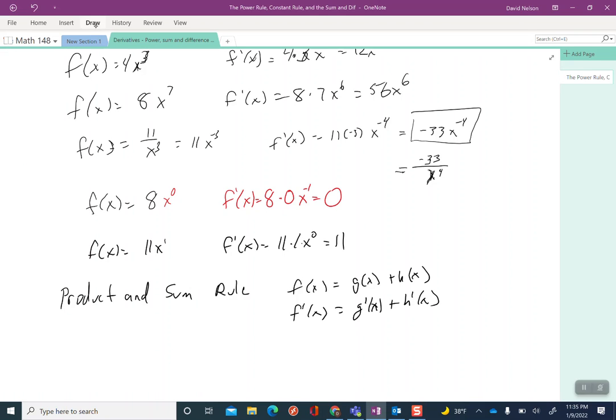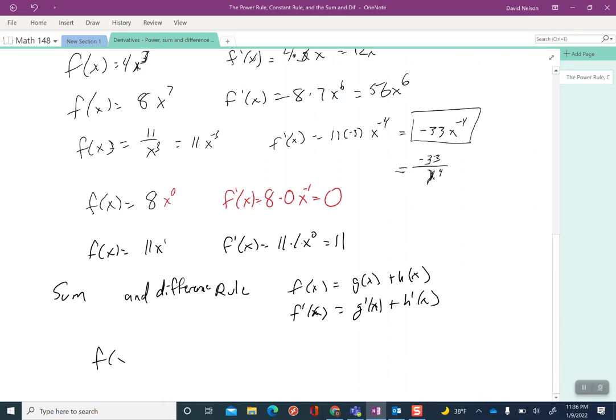Sum and difference rule. That is the totally wrong thing to say here. It's the sum and difference rule. There is a product rule that we're going to talk about here in a day or two, but the sum and difference rule is pretty nice.